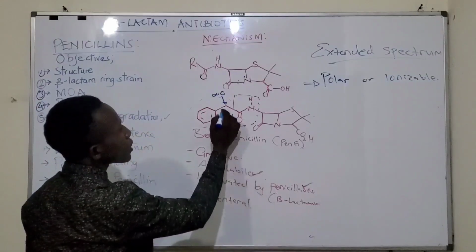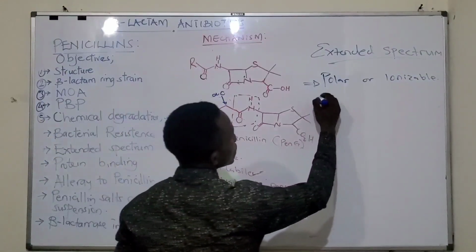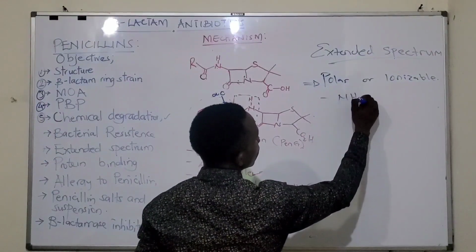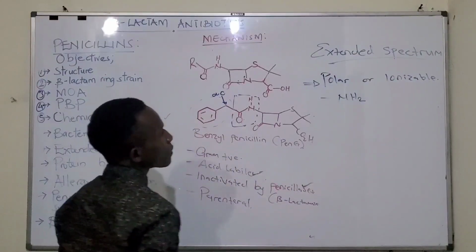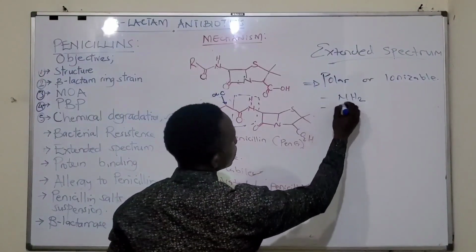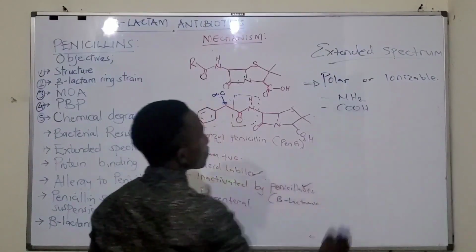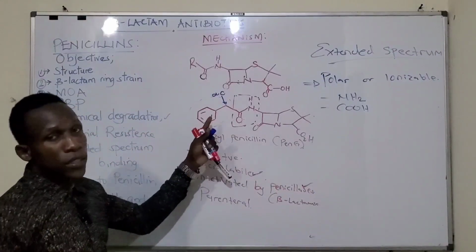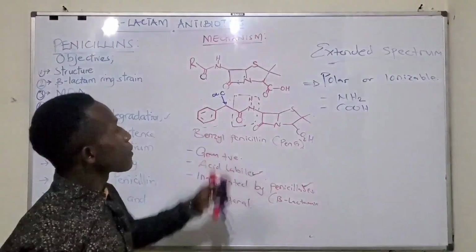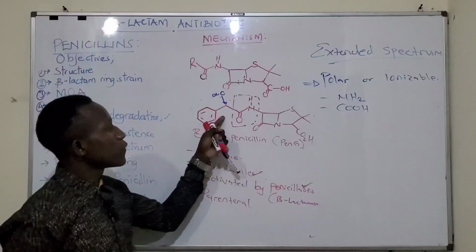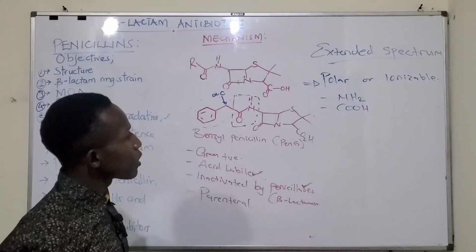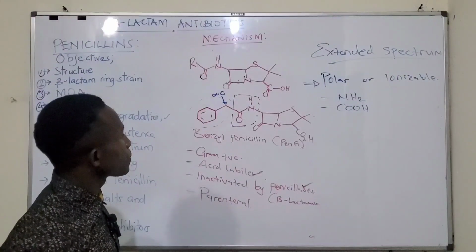So if we alter this alpha carbon and we put substituents like an amine group or a carboxyl group, we are increasing the activity of these penicillins against gram-negative bacteria.